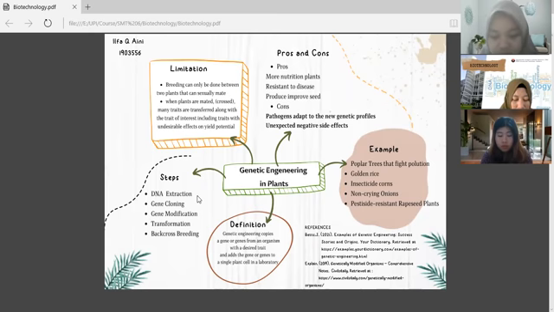The main goal of this is to transport the new genes and deliver them into the nucleus of the cell without killing the gene.